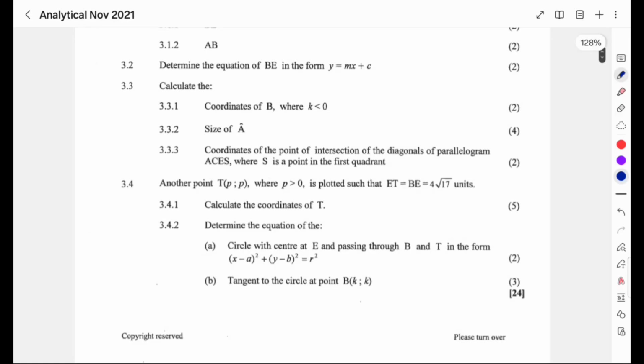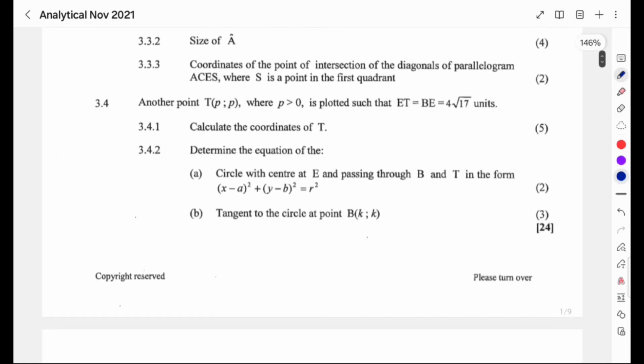Next, let us have a look at question 3.4.2. We need to determine the equation of the circle with center at E and passing through B and T in the form x minus a all squared plus y minus b all squared equals r squared.